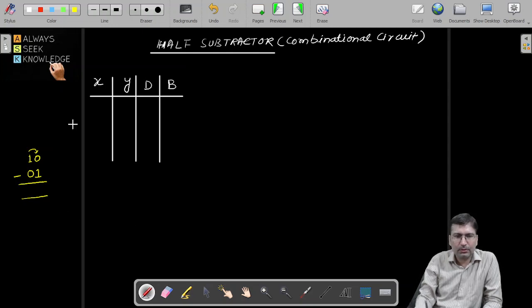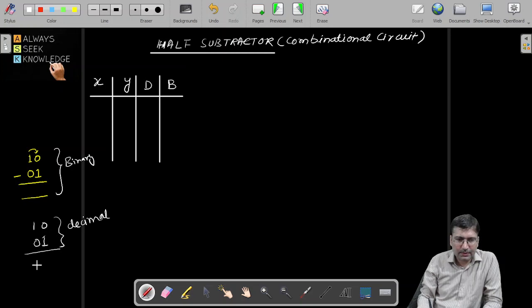Like in decimal also, if you are subtracting 1 from 10. Here I am considering these numbers are in decimal, and here I am considering it is in binary. So this problem I am taking in the binary system, and this I am asking in the decimal system.